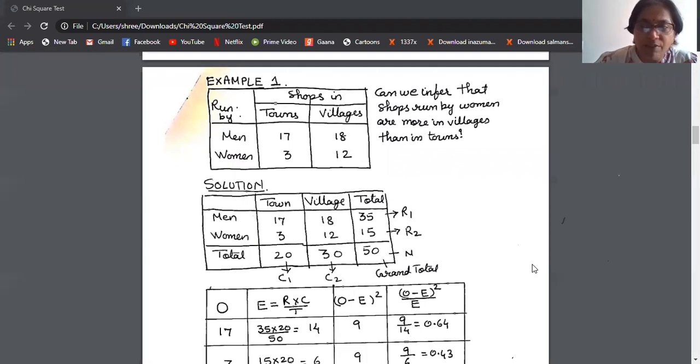And you just add everything there: 35 plus 15 is 50, as well as 20 plus 30 is also 50. Your 50 is the grand total, or the final total. Okay, so 35 is the row 1 total, 15 is the row 2 total, 20 is the C1 total, that is the first column, and 30 is the second column total.